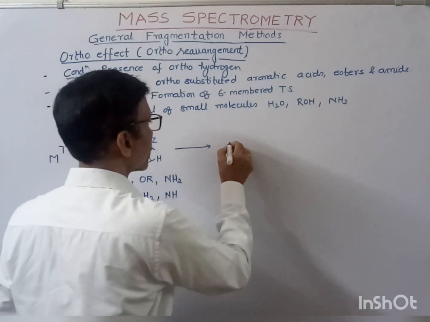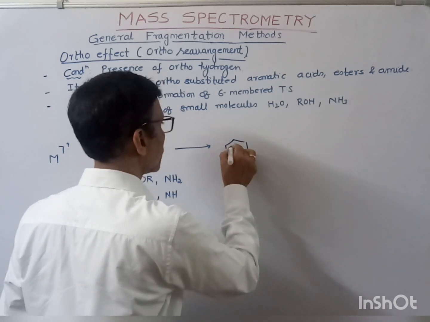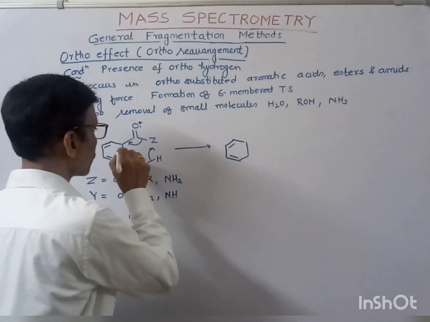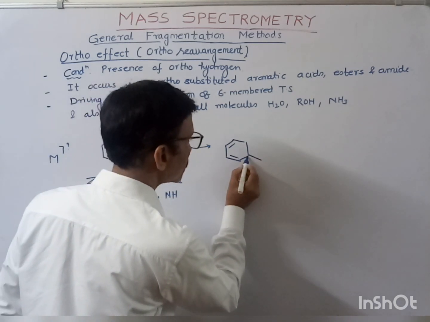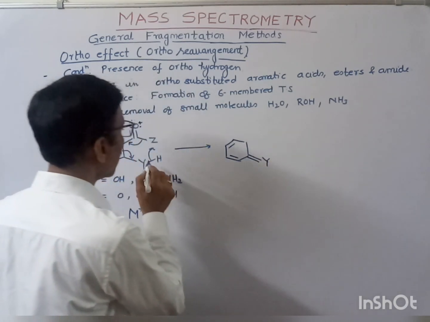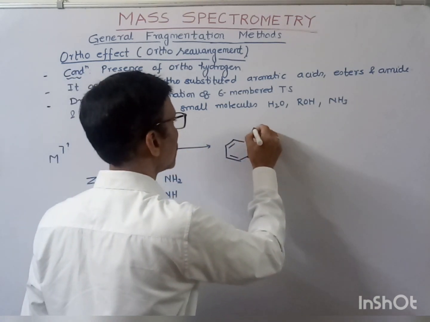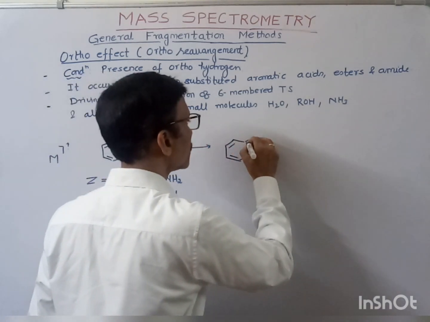So what we may write: these are the two double bonds. Now this is converted into a single bond, and here we have the double bond. This is Y, and this bond is also broken. Also, this bond is converted into a double bond.